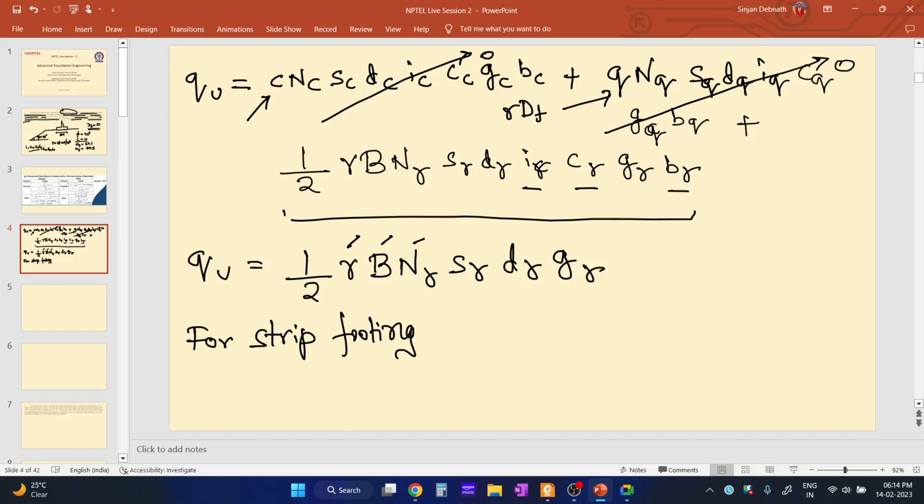For strip footing, S gamma is equal to 1. D gamma is also equal to 1. And G gamma. So we know this, we also know this and this, only G gamma.